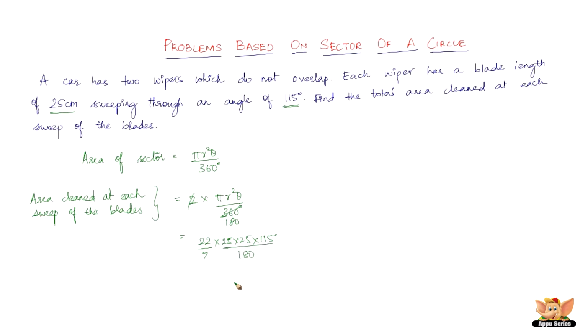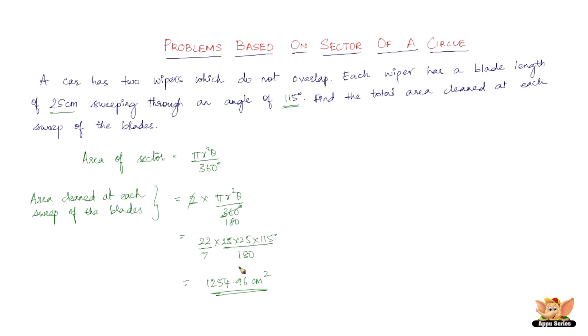So on solving, we get 1,254.96 centimeters square. So this is the area that is cleaned at each sweep of the blades.